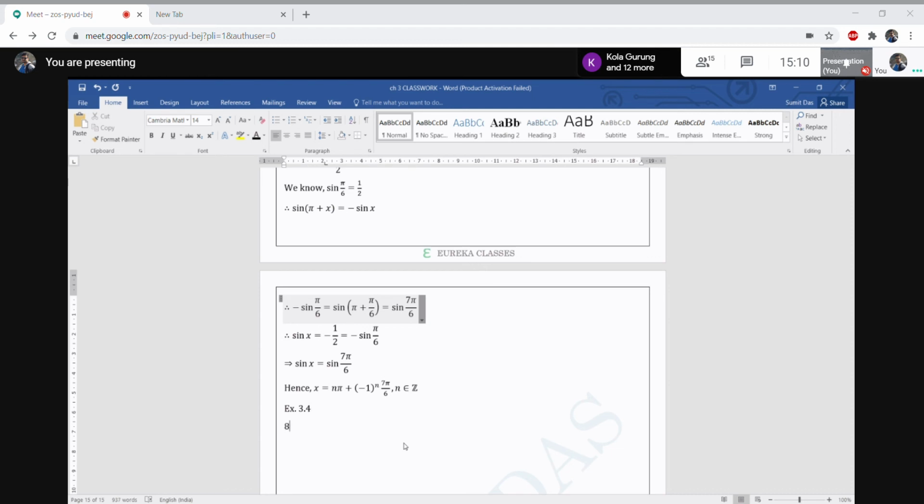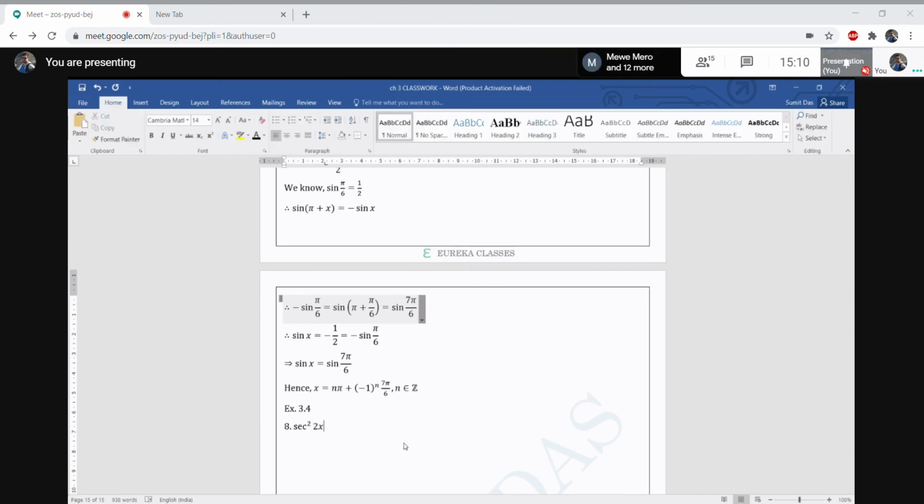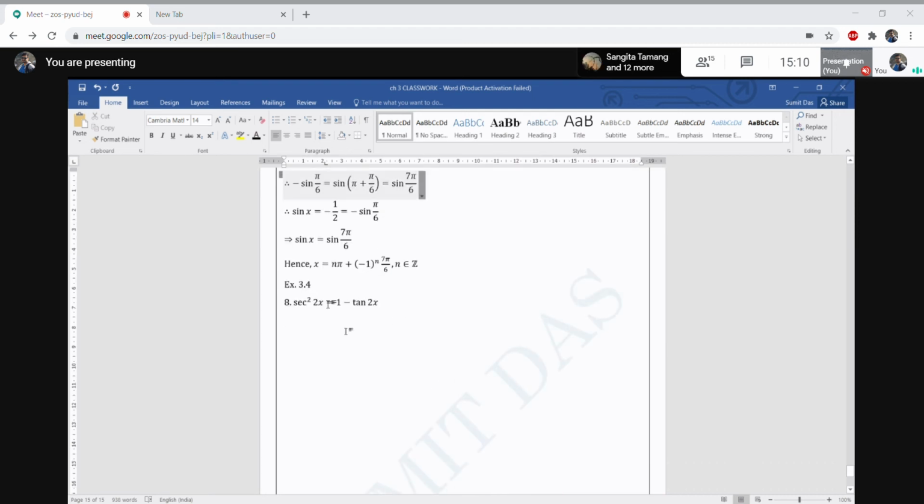Solve sec squared 2x equal to 1 minus tan 2x. In this question, how do we solve? We know one relation between sec and tan: sec squared x equals 1 plus tan squared x. So we'll replace it with that.